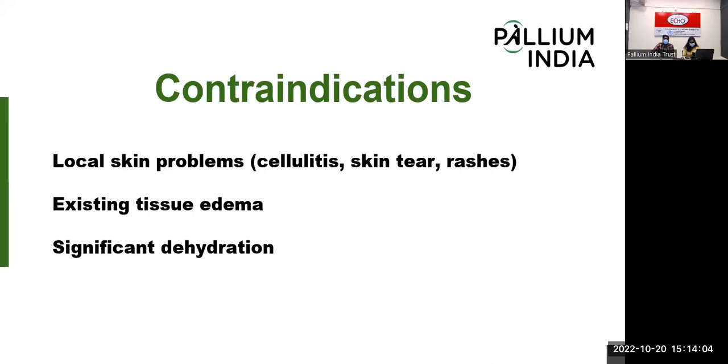But if the history or our assessment shows moderate to severe dehydration, we can't choose the subcutaneous route for rehydration. Only in mild dehydration can we give subcutaneous fluid for rehydration purposes.